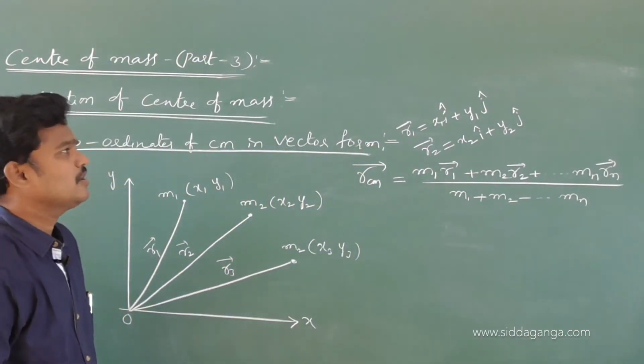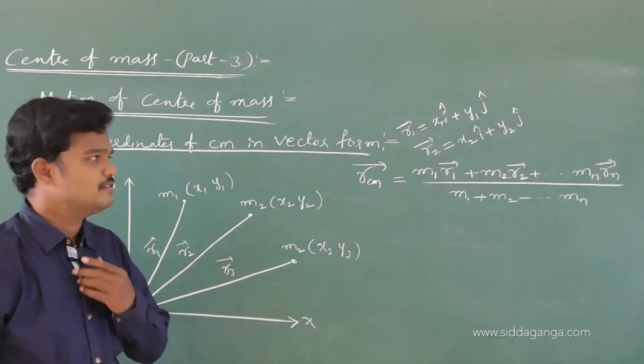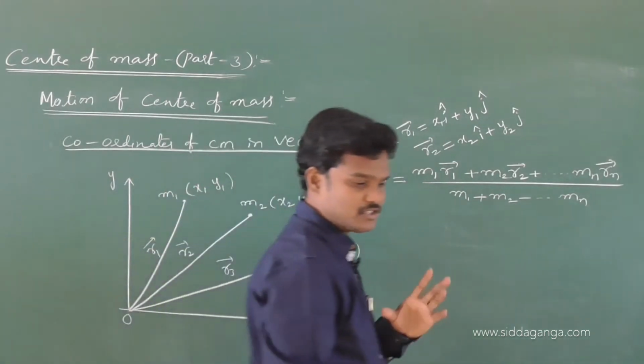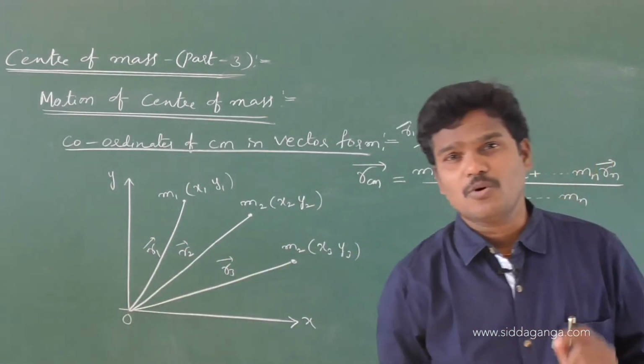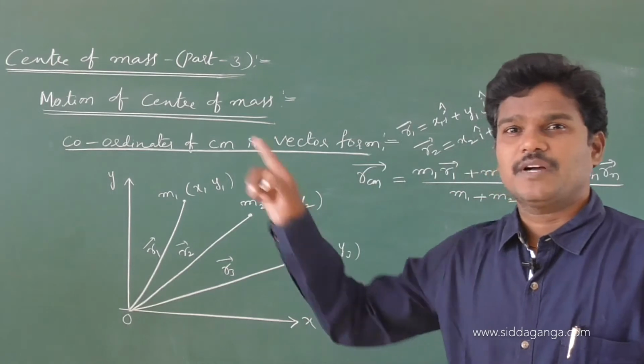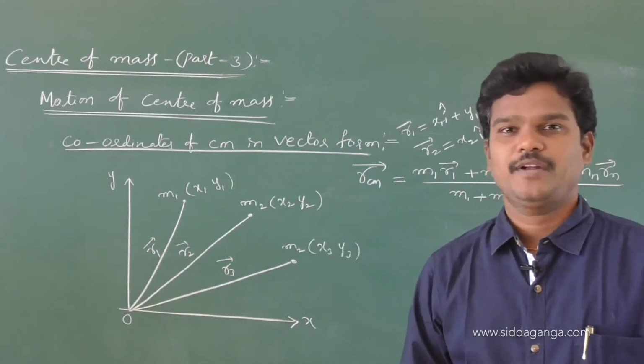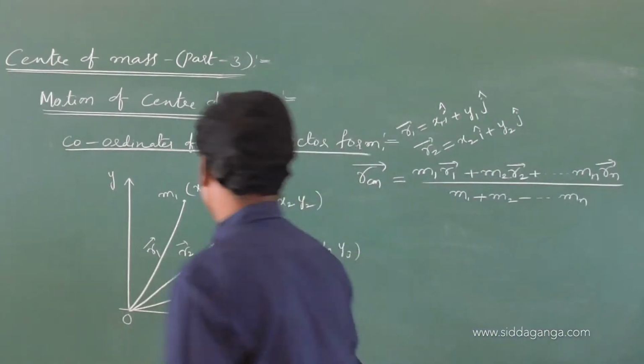So r1, r2, r3 are position vectors, the lines joining the origin of the coordinate system to the particle in this plane.